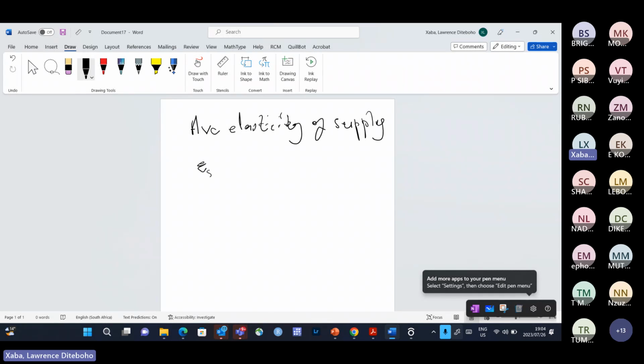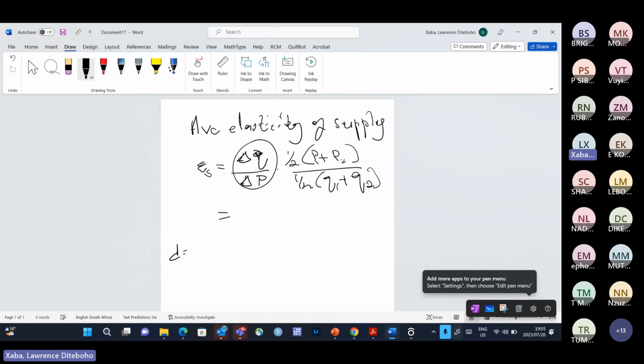It is still similar to the arc of demand: times half, open brackets, P1 plus P2, close brackets, divided by half, Q1 plus Q2, close brackets, and this equals D, the change in Q divided by the change in P. So we have our D times this, the rest falls off, and we end up with D times (P1 plus P2) divided by (Q1 plus Q2).